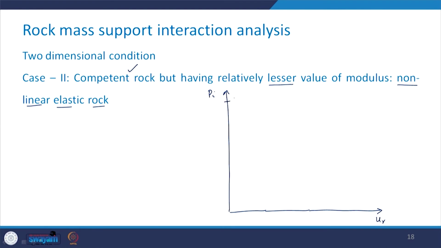Now, in the beginning here, that is the point A as we had in the previous case. So I am keeping the same notations. At this point, Pi equal to P naught. Since this is non-linear elastic rock, in the beginning some portion you will have the linear response of the ground, and then it will become non-linear.